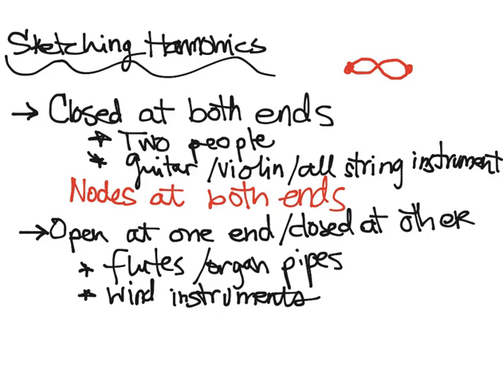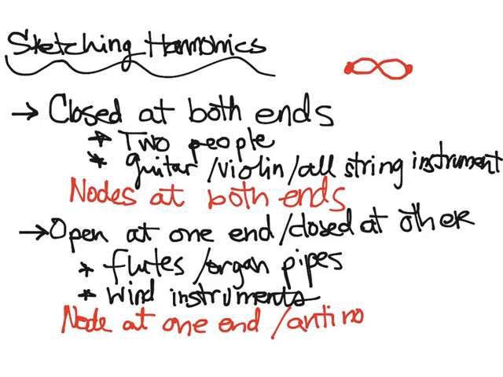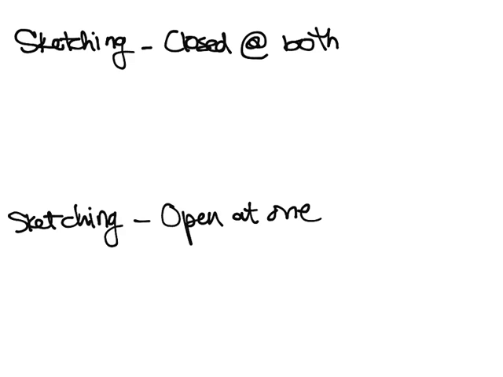And when it's open at one end, you have node at one end, and then an antinode at the other. And that should say node, not antinode. And so depending on how many waves are formed, we call the patterns different harmonics.